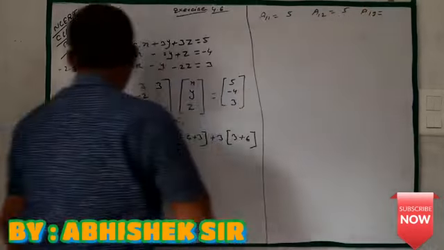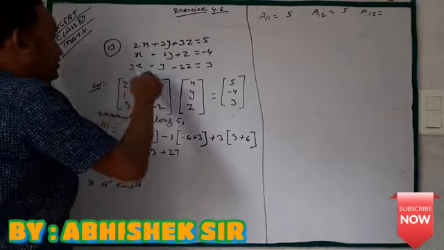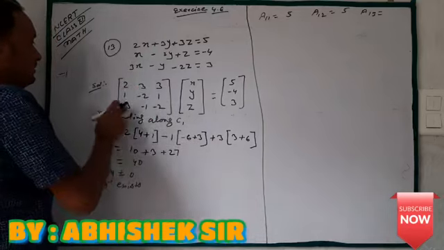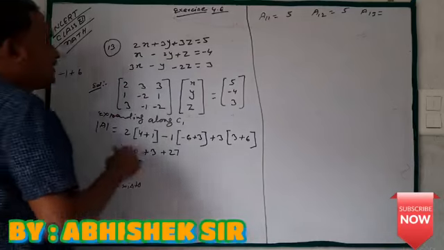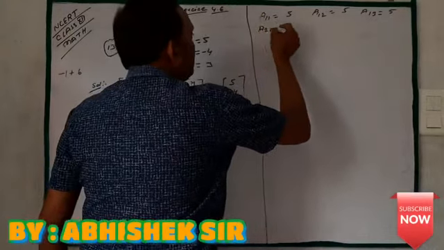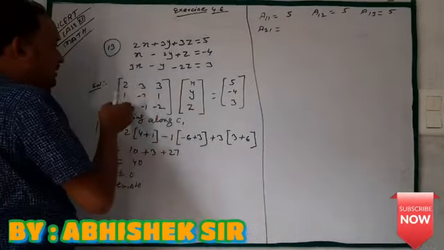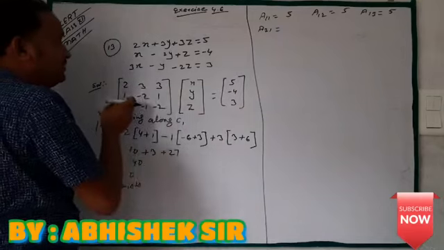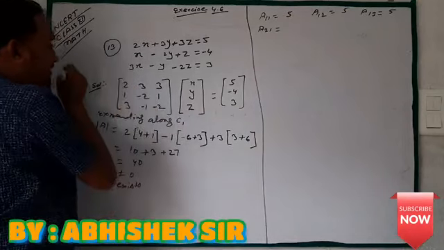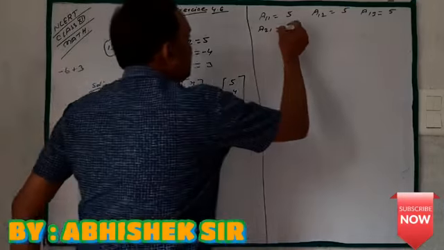A13, first row and third column, we have to hide first row and third column, this gives minus 1 plus 6, 5, positive 5. A21, second row first column, we have to hide second row first column. If we hide second row first column, we have minus 6 plus 3, this is minus 3.